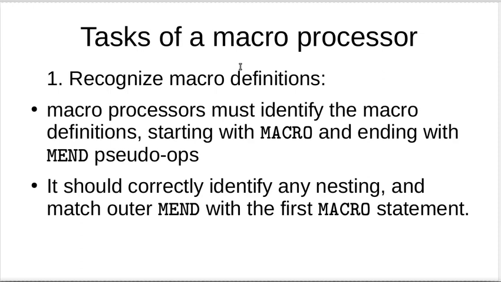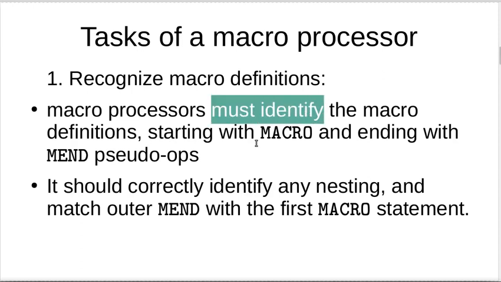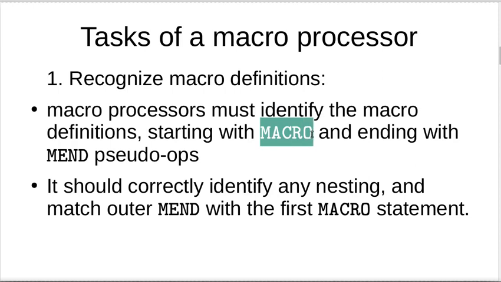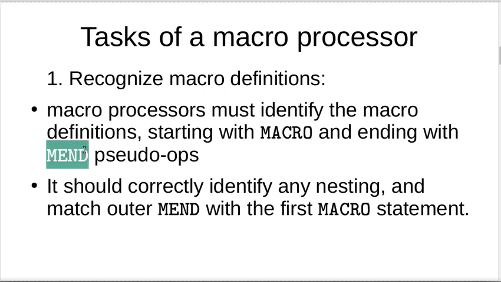The macroprocessor must identify the macro definition, starting with the macro pseudo-op and ending with the mend pseudo-op. So this is the primary task of a macroprocessor, to understand where a macro definition is starting and where it is ending.